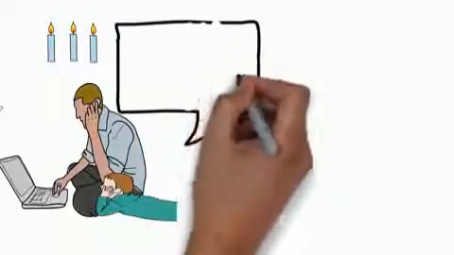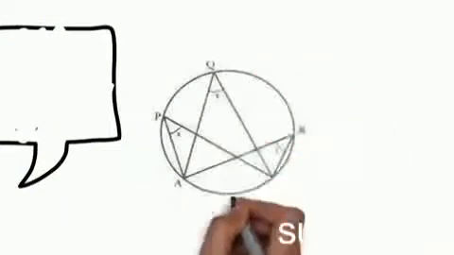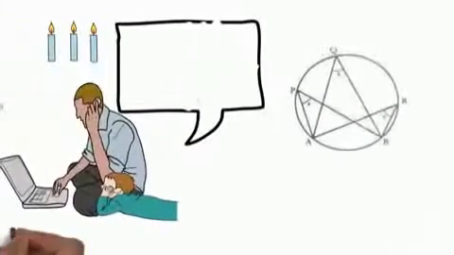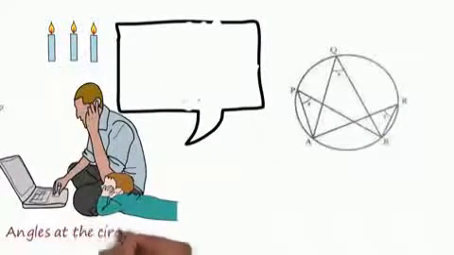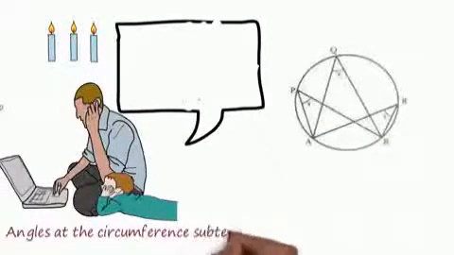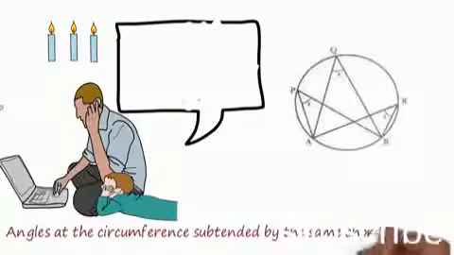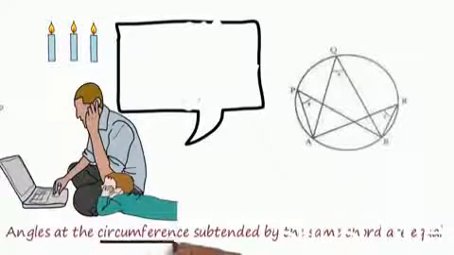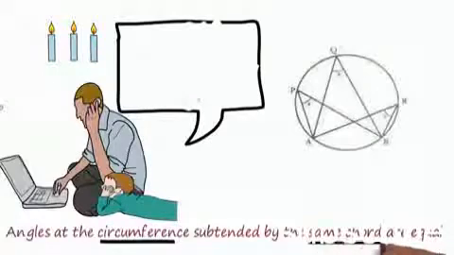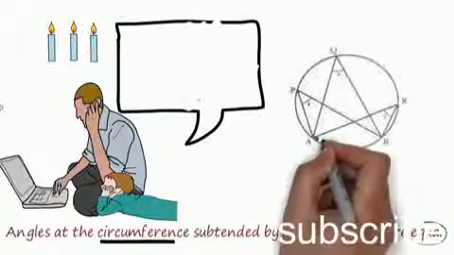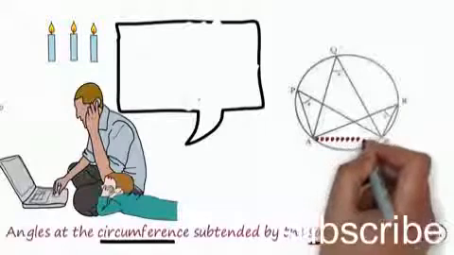By knowing this chord, the third commandment, it is going to be necessary for you to understand chords, for you to know the third commandment. So we have chord AB, right? And what does the commandment say? Angles at the circumference subtended by the same chord are equal. In this case, we have a chord AB, denoted by the red dotted lines on the screen.